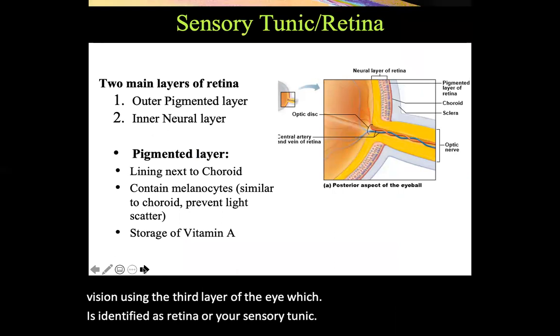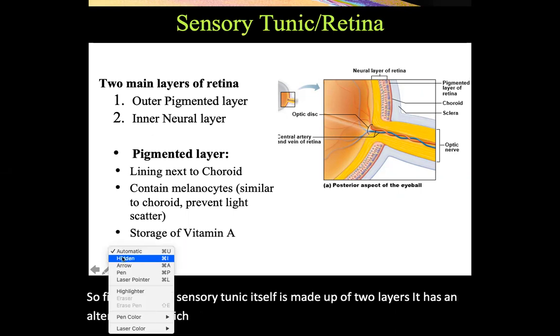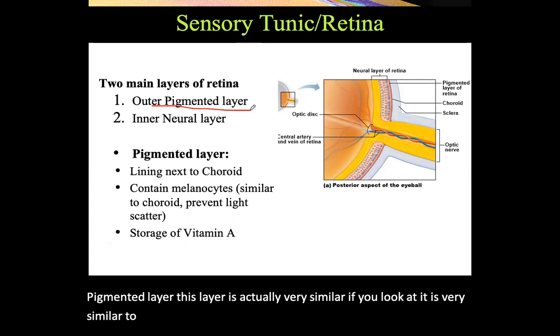First of all, the sensory tunic itself is made up of two layers. It has an outer layer, which is identified as the pigmented layer. If you look at it, it's very similar to the choroid layer we discussed last time.